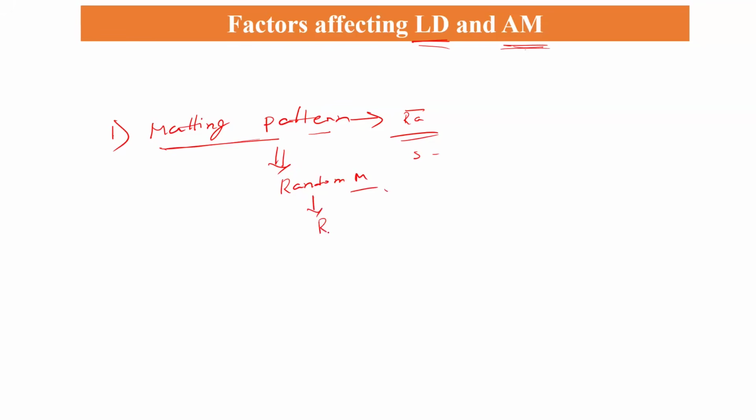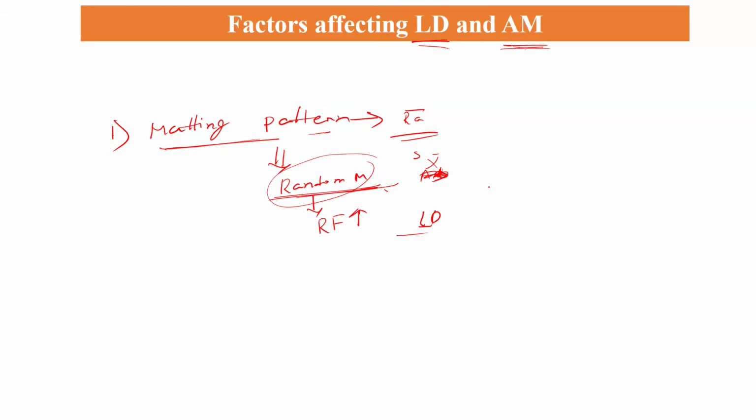the recombination frequency will be very high if random mating is there, because heterozygous condition will be high in random mating. And recombination will take place generation after generation. It reduces the LD block size.